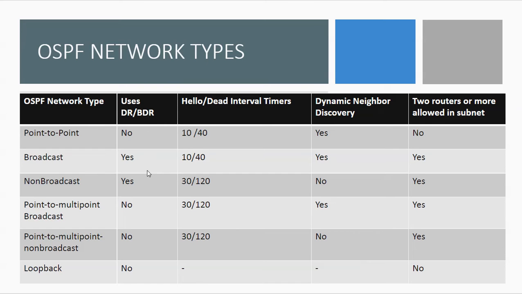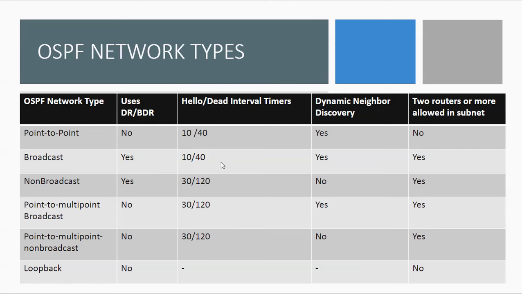The BDR becomes the backup designated router, and that election process happens through priority, router ID, and a lot of selections that happen during the election process, which we will cover later.